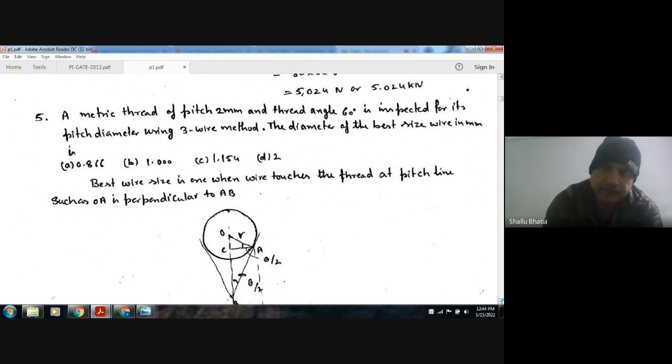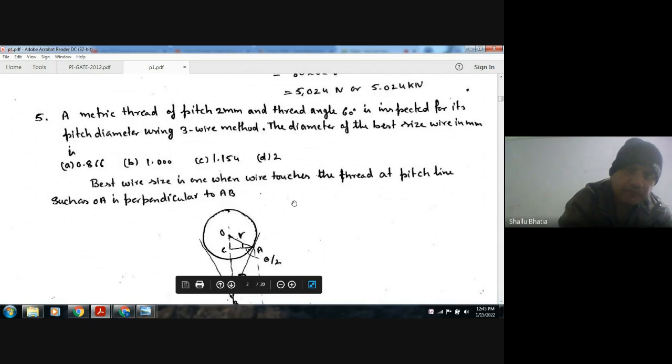Okay. Next, a metric thread of pitch 2 mm and thread angle 60 degrees is inspected for its pitch diameter using the three-wire method. The diameter of the best size wire in mm is option A 0.866, option B 1, option C 1.154, and option D 2. The best size wire diameter is the diameter when the wire touches the pitch line.